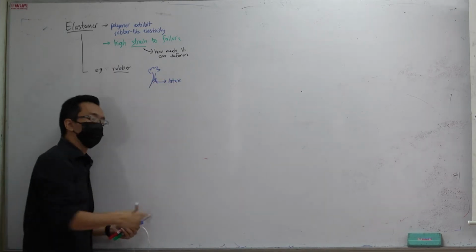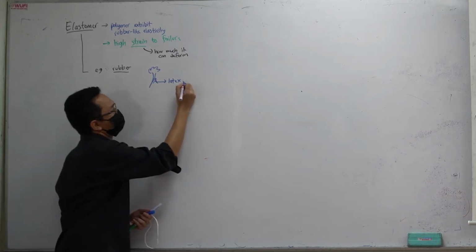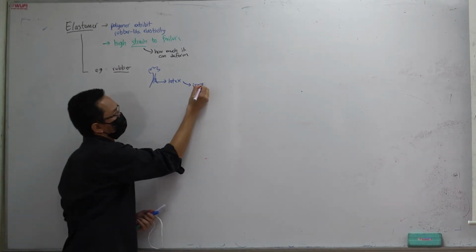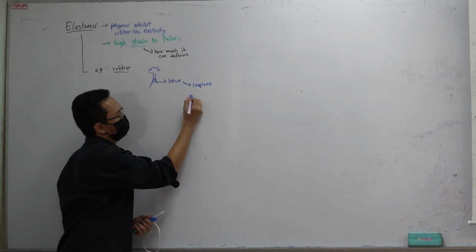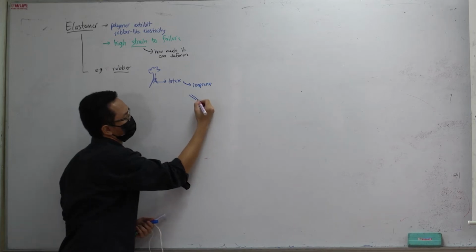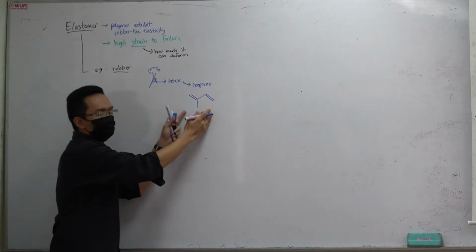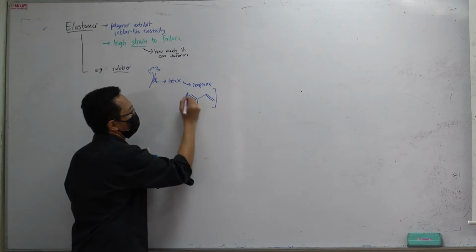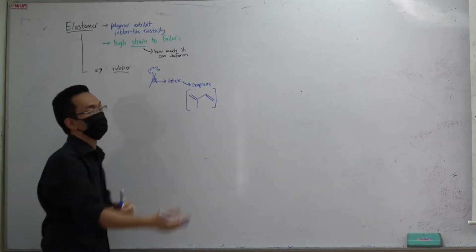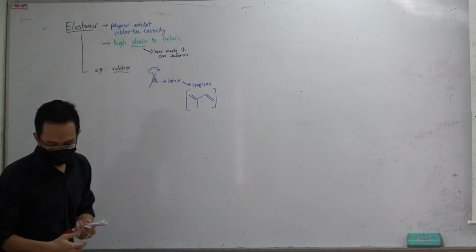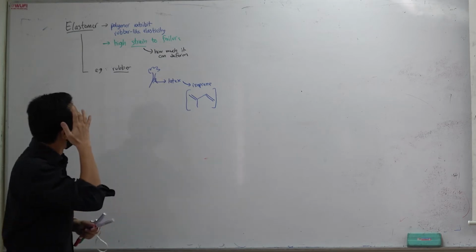Inside this latex you have isoprene. The isoprene molecule looks something like this. They have a lot of this molecule, and as you know about polymers, these molecules attach to each other. So that is isoprene.